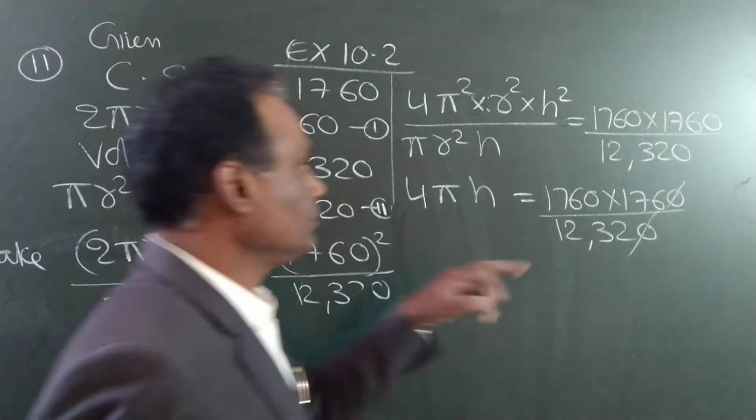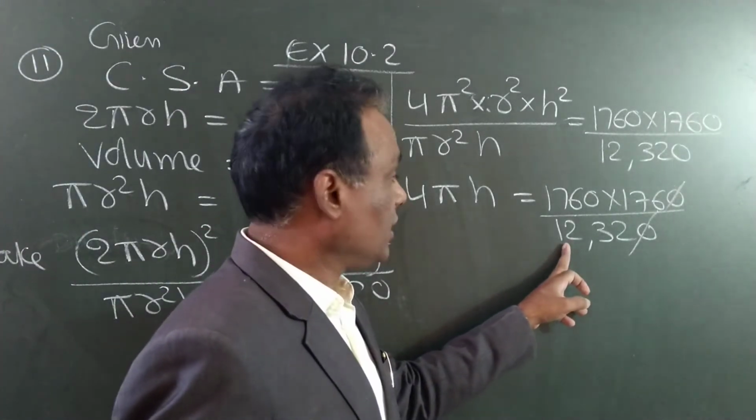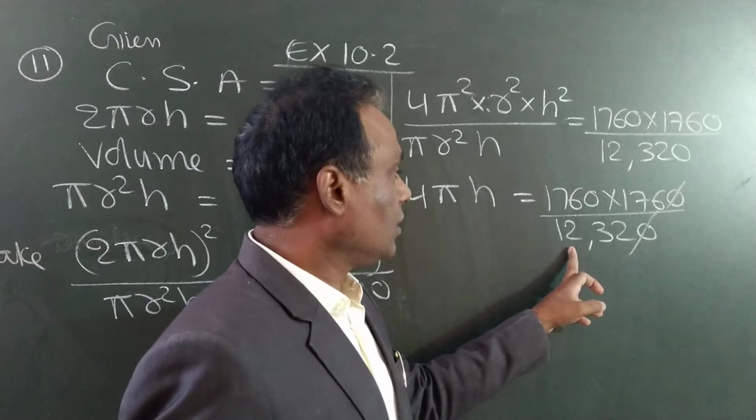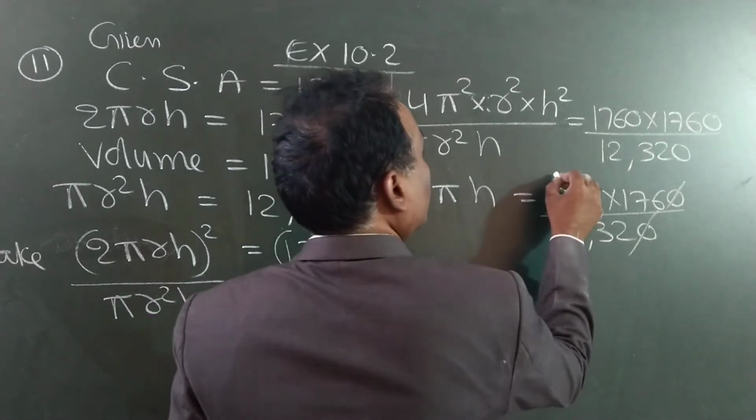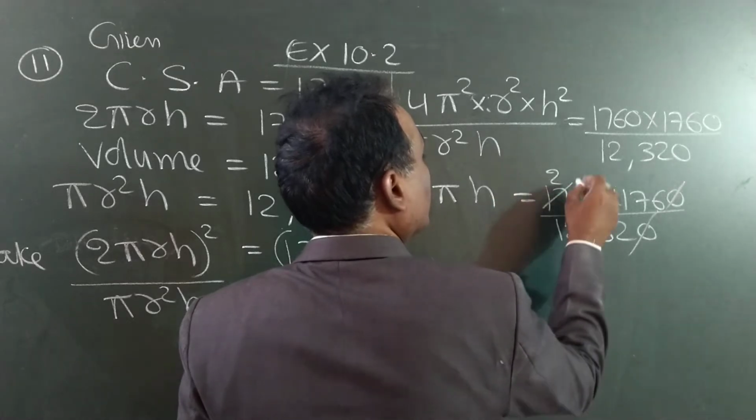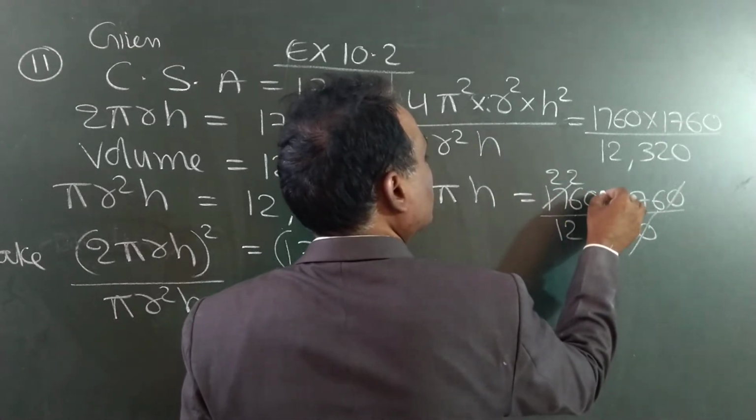8 table: 8 ones are 8, 8 twos are 16, 8 twos are 16.